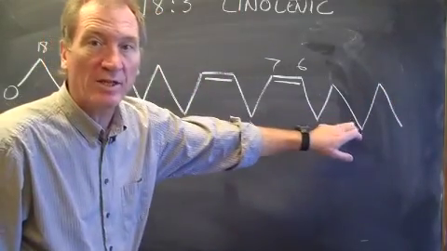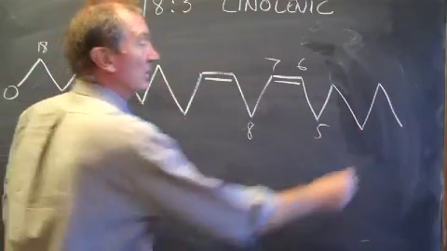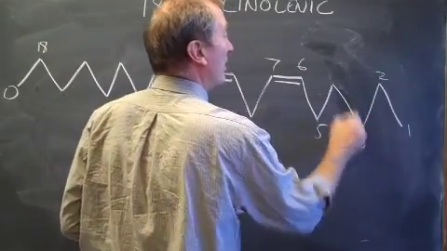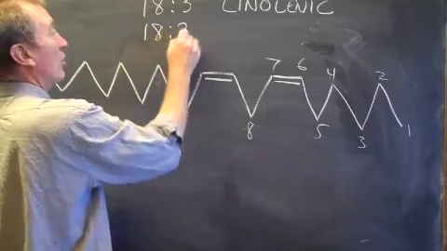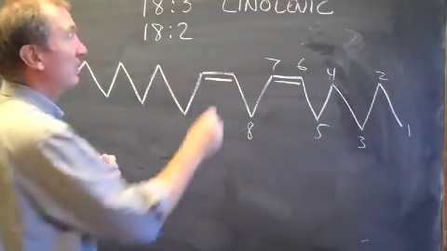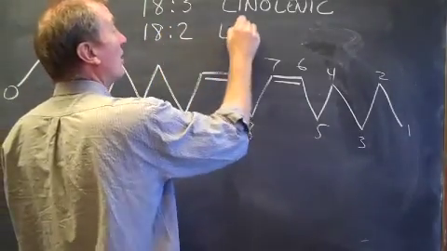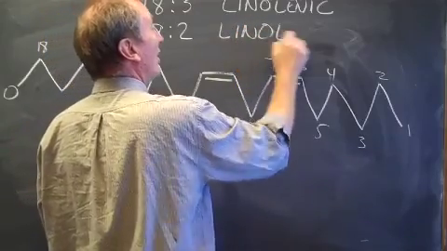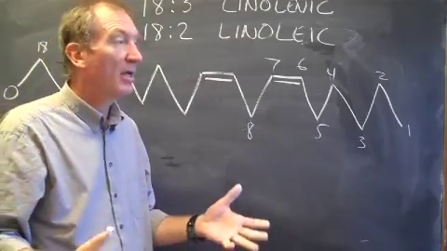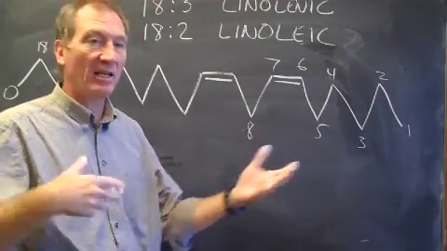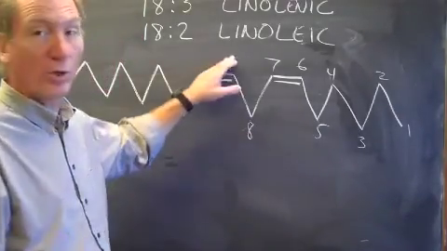If we take away this double bond, so here's our 1 carbon, 2, 3, 4, and we only have an 18:2. This is a different fatty acid called linoleic acid, also found in soybeans, linseed, lots of different plant oils that are good for you.